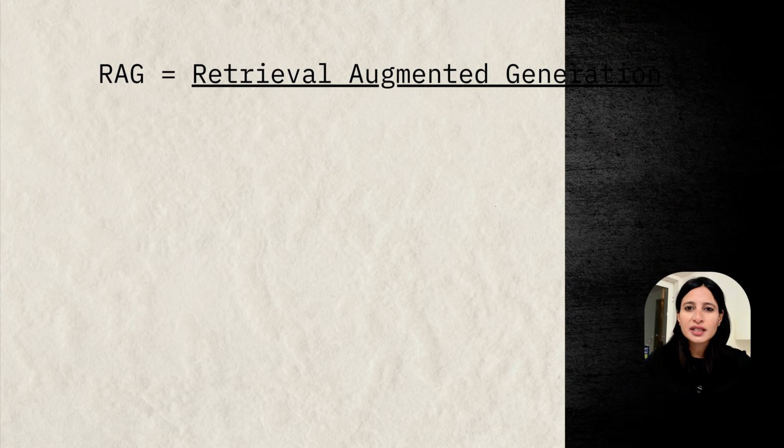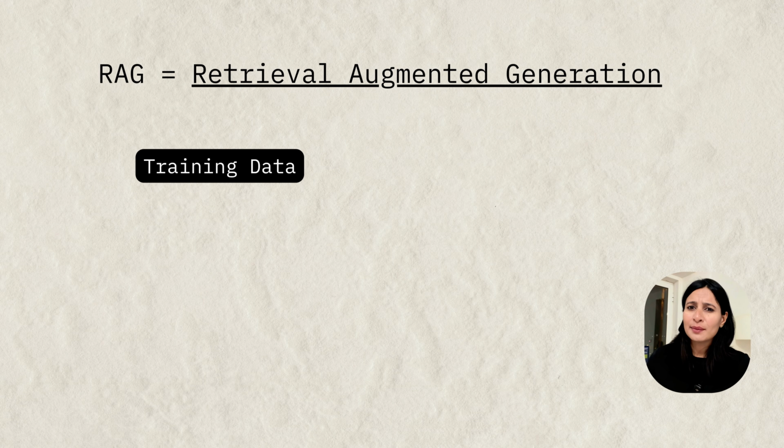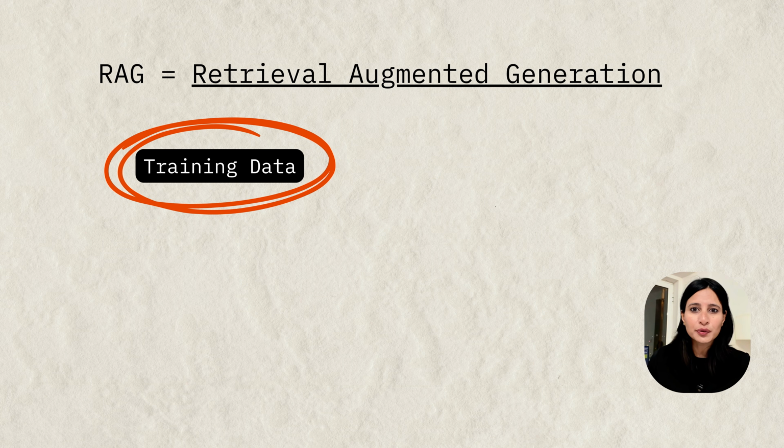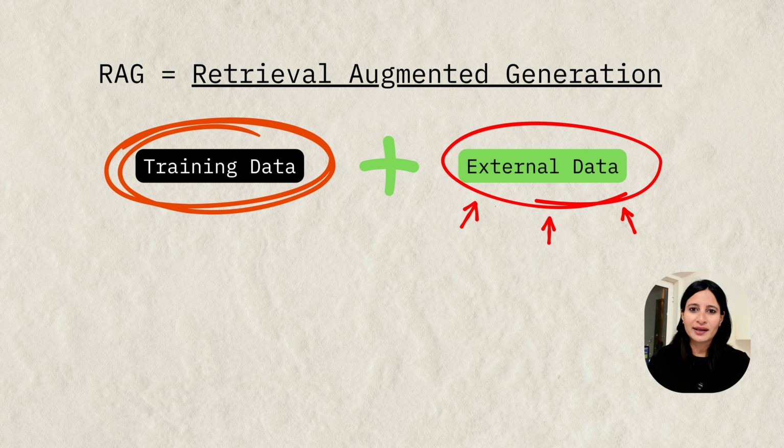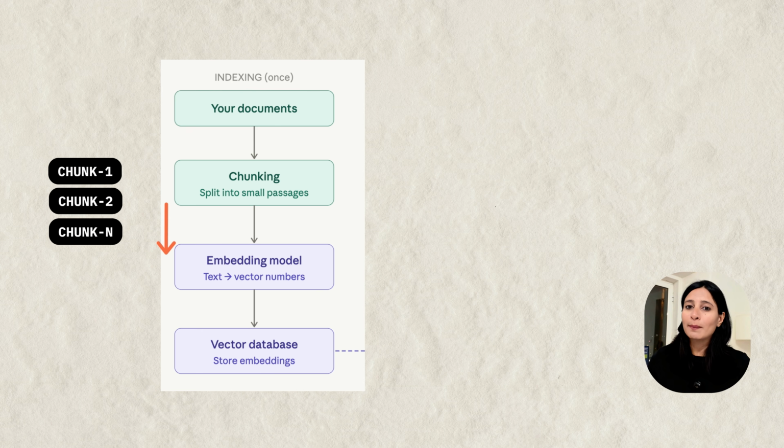RAG stands for Retrieval Augmented Generation. The idea is simple. Instead of the LLM relying on what it learned during training, you give it fresh external knowledge at the time of the query. And here is how it works. You take your documents, break them into chunks, convert those chunks into embeddings. Embeddings are basically numerical representations of meaning, and store them in a vector database.